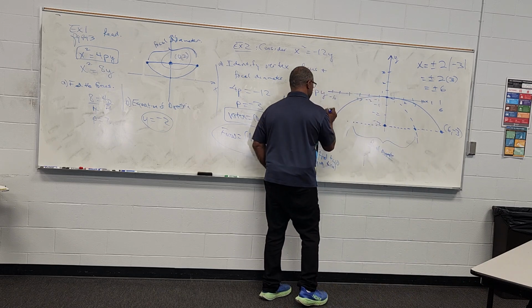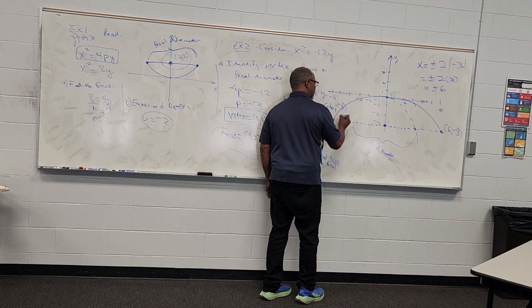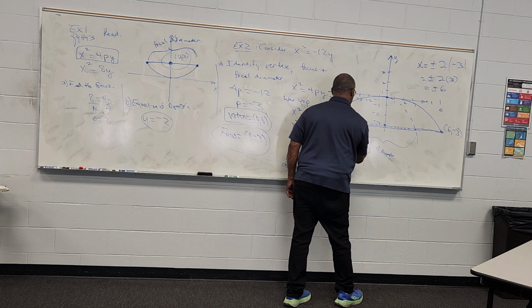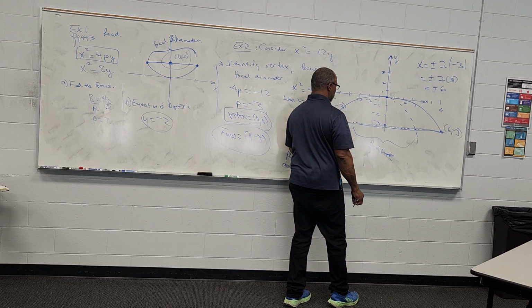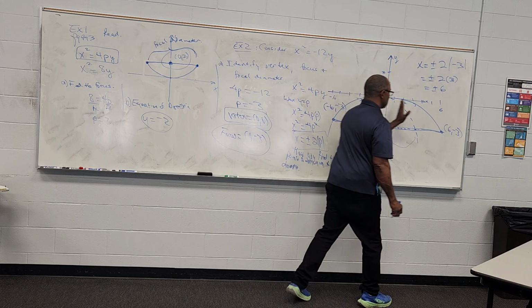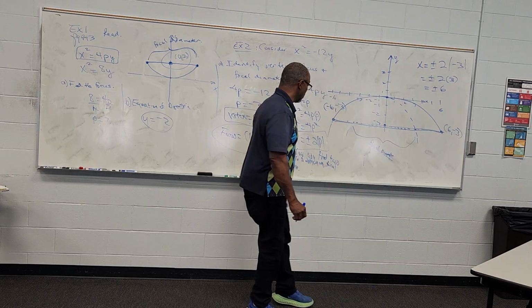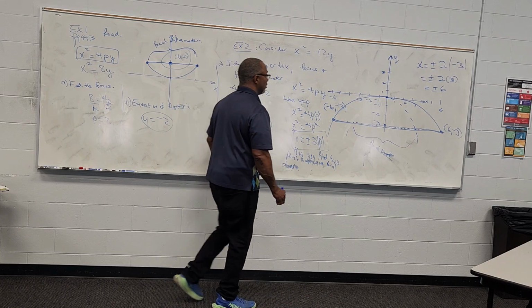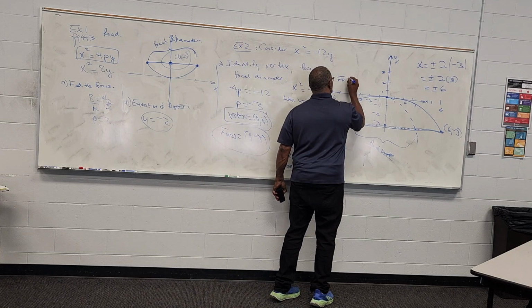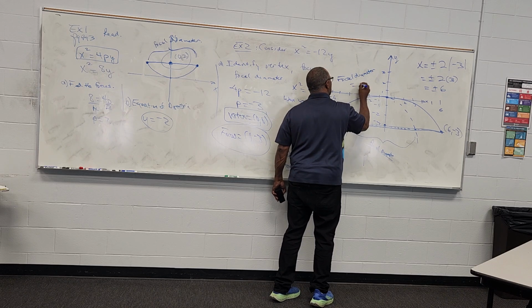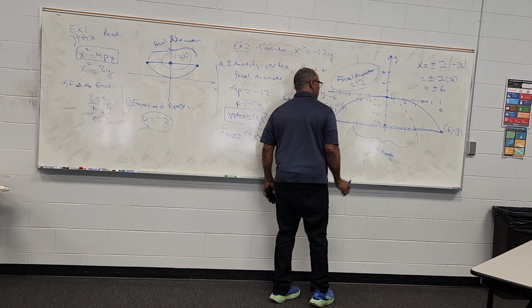This will be the point negative 6, negative 3. And this line segment that goes from here to here represents my focal diameter. Going from negative 6 to 6, you go 12 units. So the focal diameter is 12.